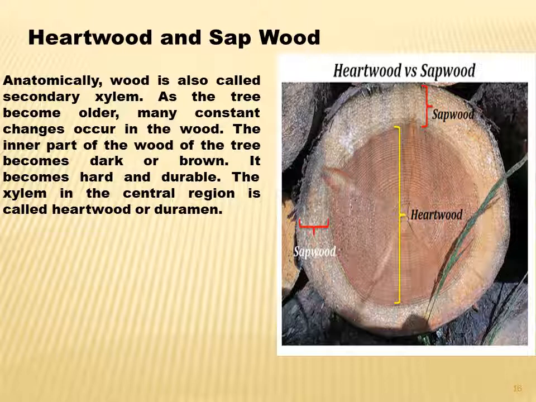Let's define the heartwood and sapwood. Anatomically, we can say that wood is also called the secondary xylem, as I have told earlier. As the tree becomes older, many constant changes occur in the wood.